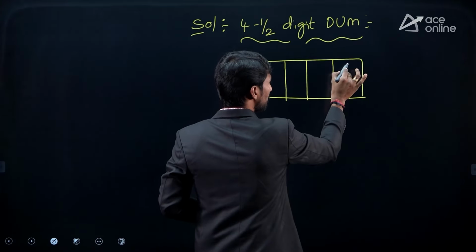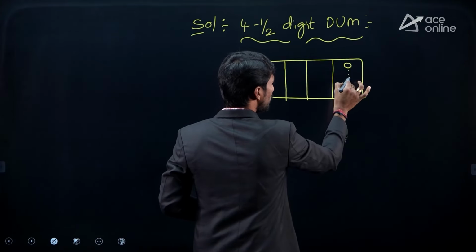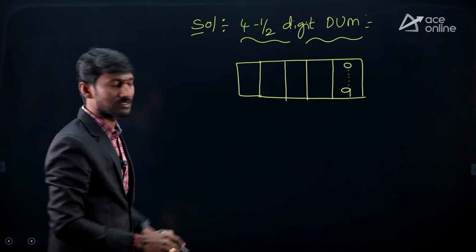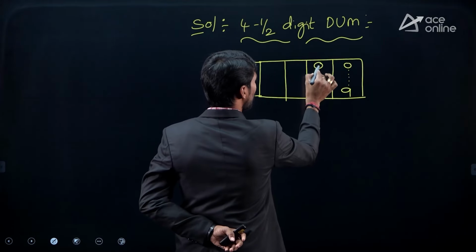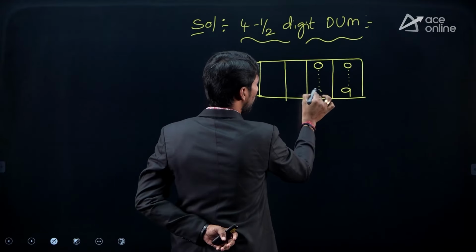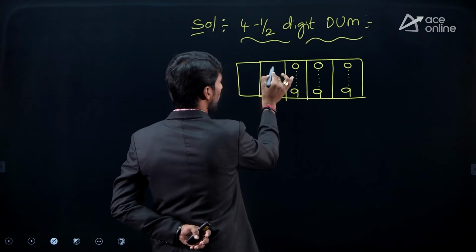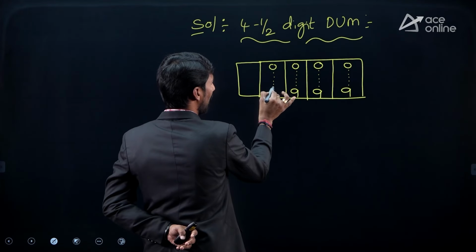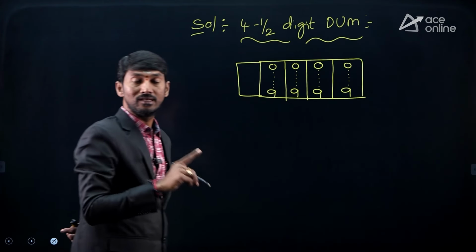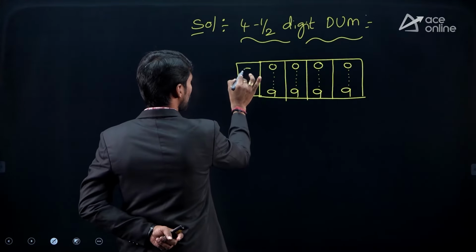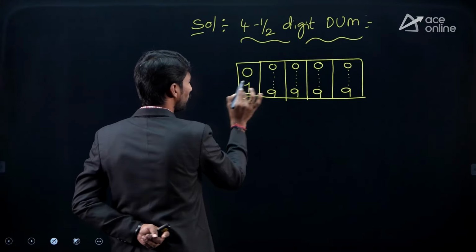In this digit, it allows from 0 to 9, that is, it is called a full digit. Here also 0 to 9. In all these 4 digits, it will be allowing from 0 to 9. That's why those are called full digits. But here, either 0 or 1.